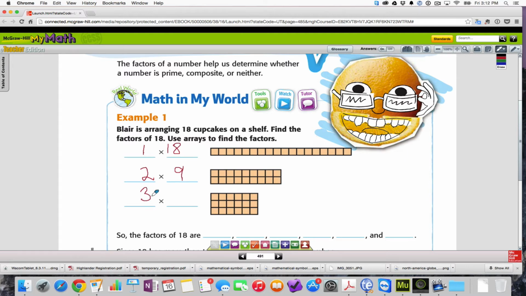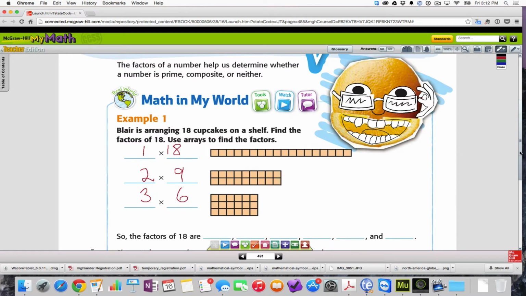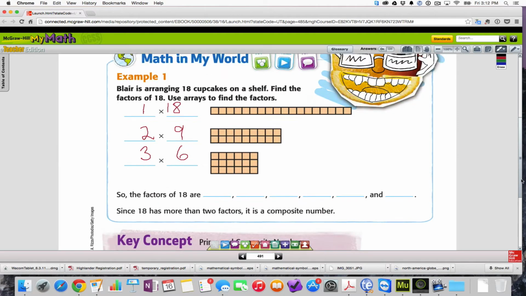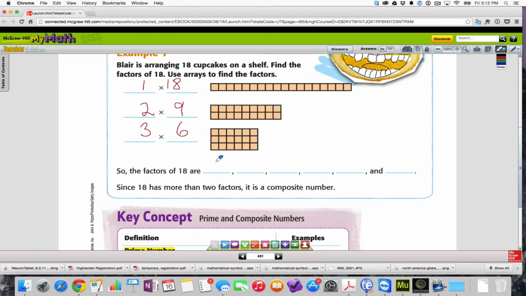And then we have 3 rows with 6 in each row. So the factors are 1, 2, 3, 6, 9, and 18.